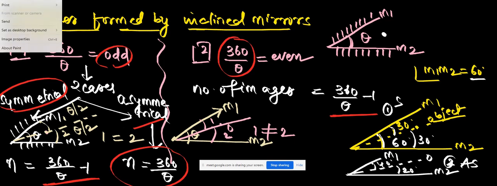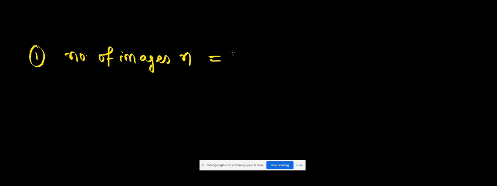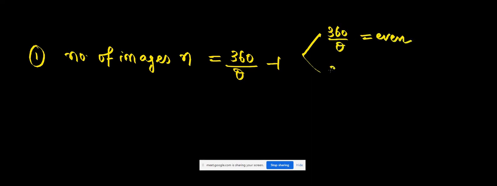Now you just need to tell me the formulas once again, because based on this maybe you will get some numericals. So tell me, how will you find the number of images n? Number of images n will be equal to 360 by theta minus 1, when 360 by theta value is even, and when 360 by theta value is odd and symmetrical.